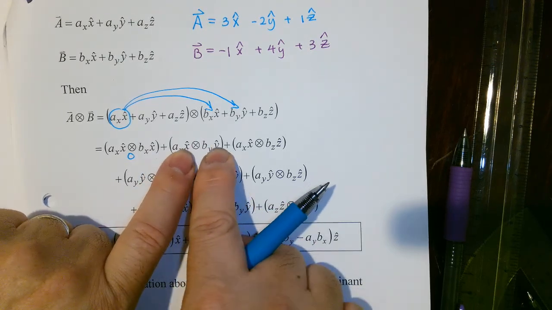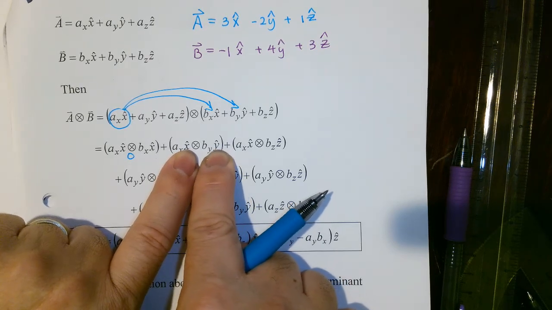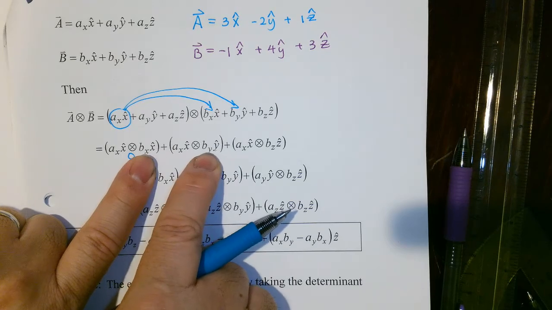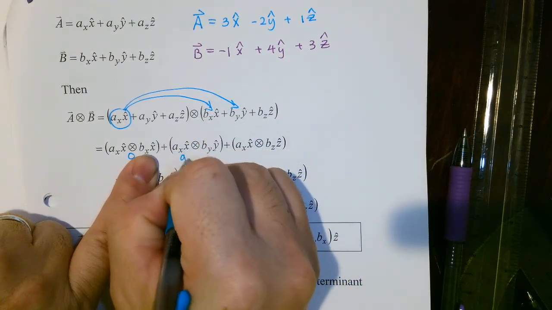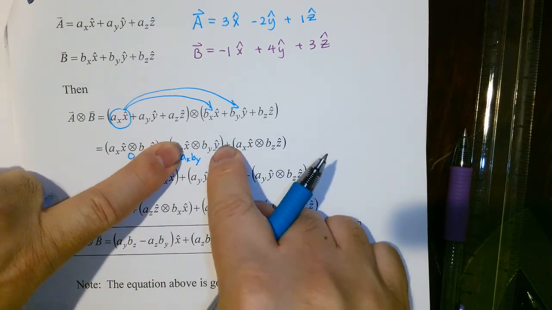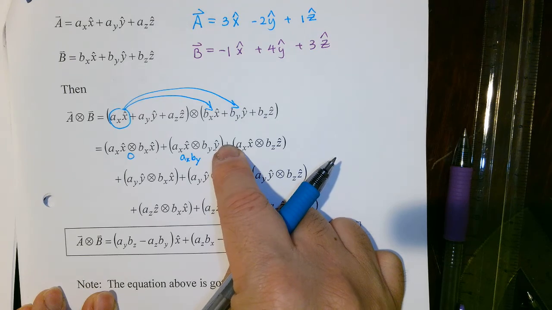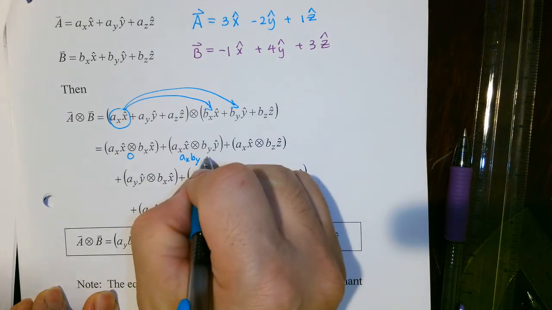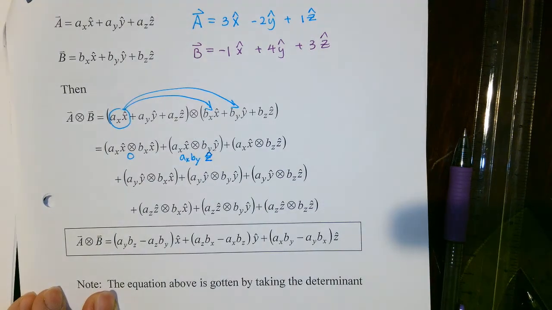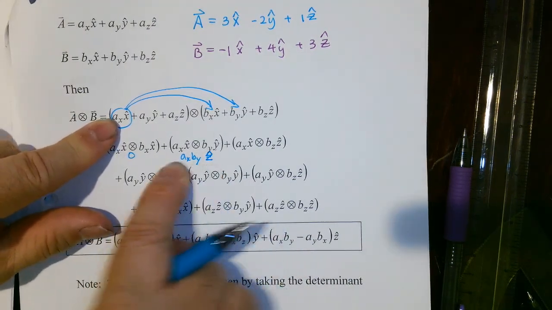The angle is 90 degrees, and sine of 90 is going to be 1. So we have A_x B_y. What's x hat cross y hat? Correct. Positive z hat.